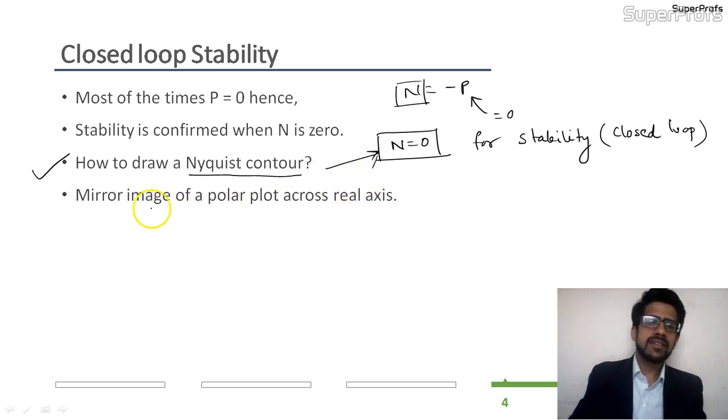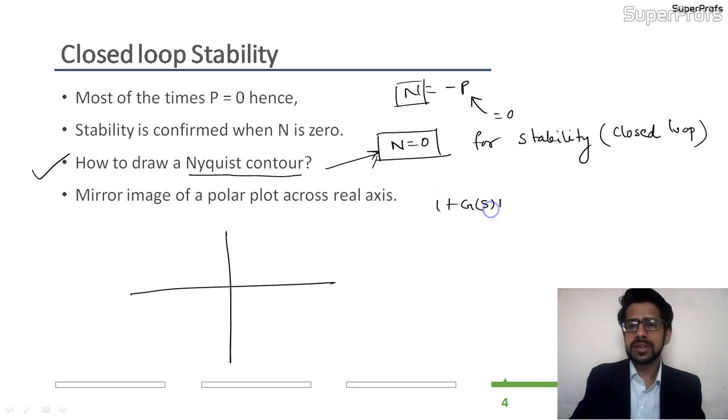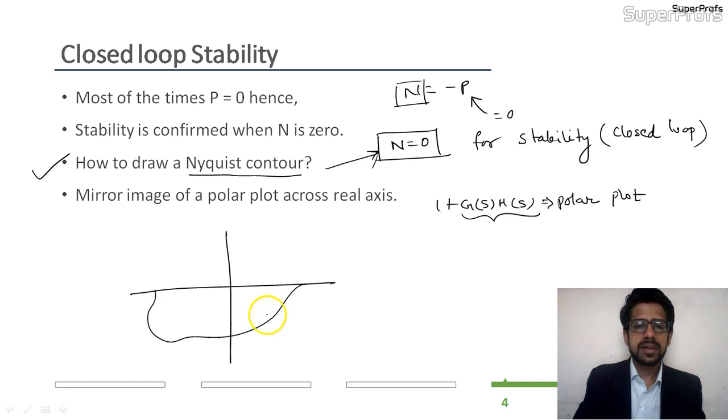Okay. Nyquist contours are nothing but the mirror image of the polar plot across the real axis. So if you can draw a polar plot of a system, say if you have a system 1 plus g of s h of s, or just g of s h of s, and you are able to draw the g of s h of s polar plot, coming from here to here, and if there is this -1 point, the Nyquist plot is nothing but the mirror image of the polar plot across the real axis.